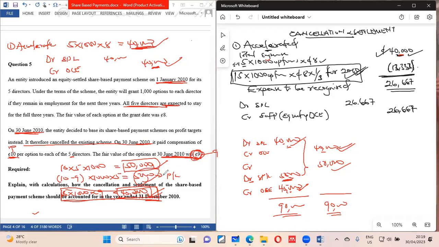The payment is 50,000. Any payment is treated against this one. But of the payment, the excess, be careful, it is the excess of the fair value of the equity instrument at the settlement date. This is the excess, this one and this one. So that is what you have.